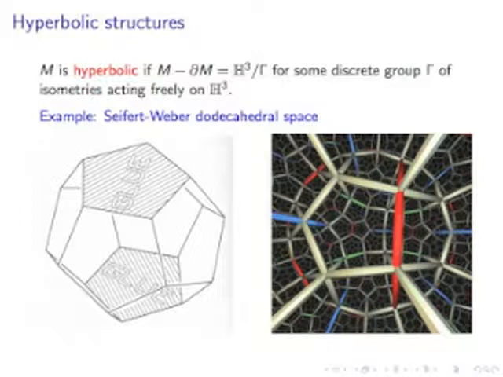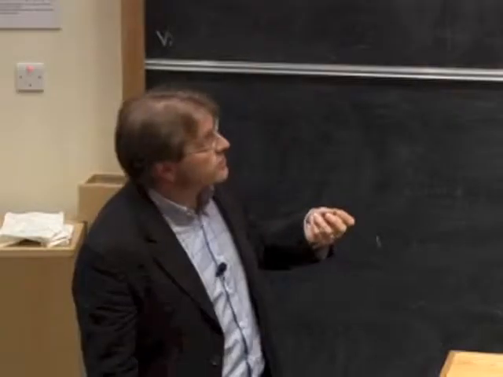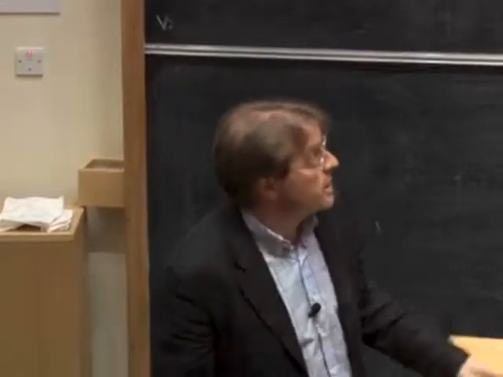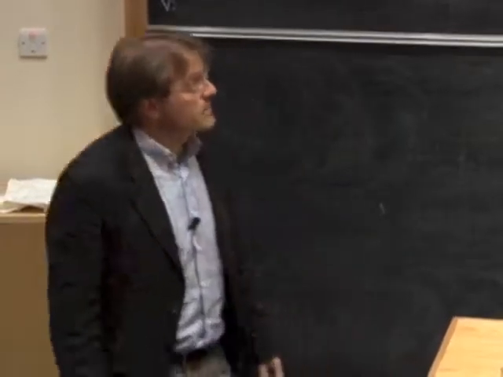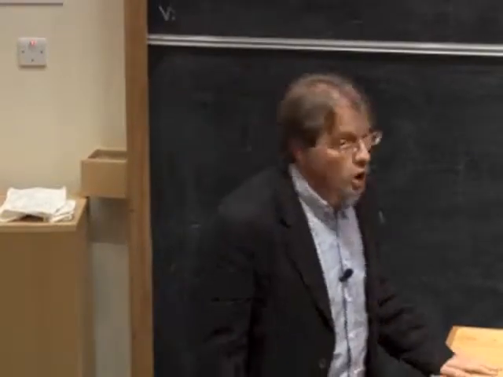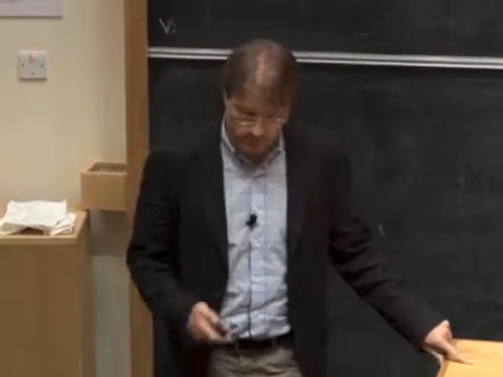Okay, so this is a hyperbolic structure, and there's one other particular hyperbolic manifold that I want to focus on, which was studied in detail by Thurston, and that's the complement of the figure-8 knot.